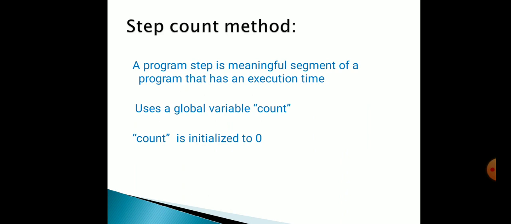After finding the program steps, we need to identify the total number of executions of each program step. For this reason, in the step count method, we use one global variable known as count, which is initialized to 0.